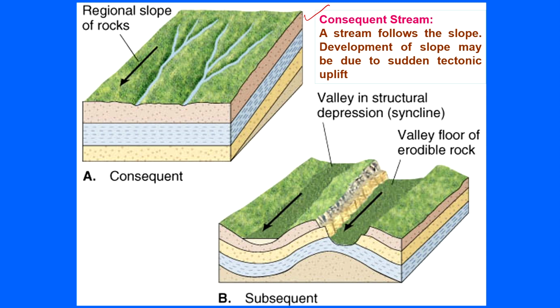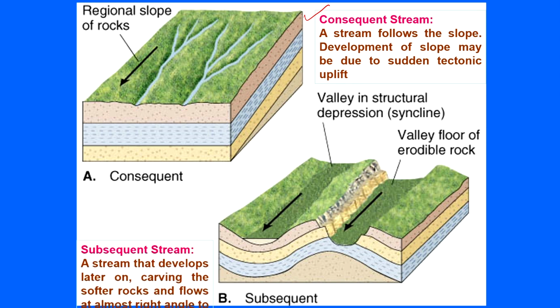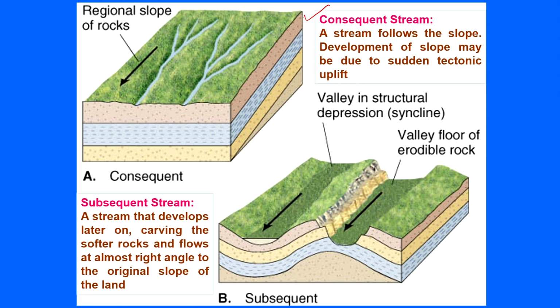So these are termed as consequent streams, and subsequent streams are not exactly following this slope; they are developed almost at right angle to the original slope of the land.